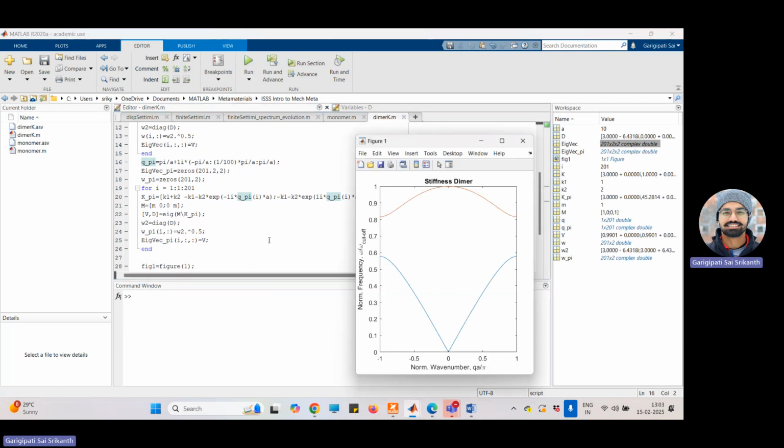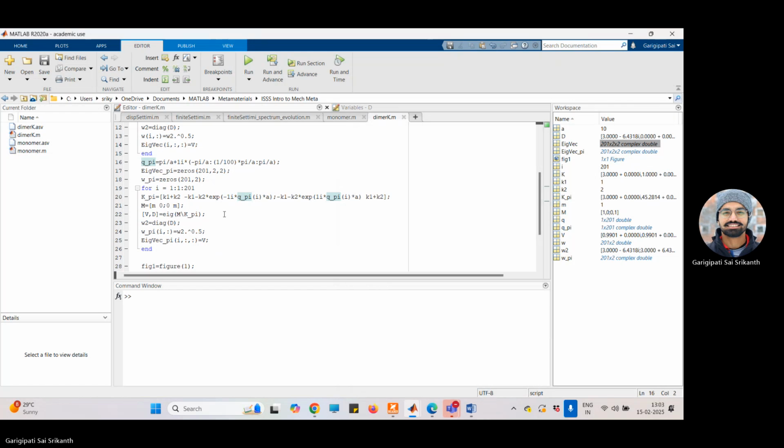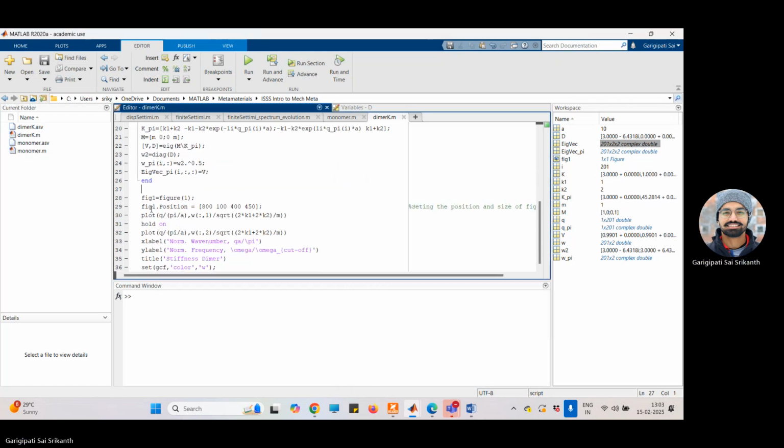Yeah, it works, but let's plot it. So we are going to plot, but the imaginary part of it.